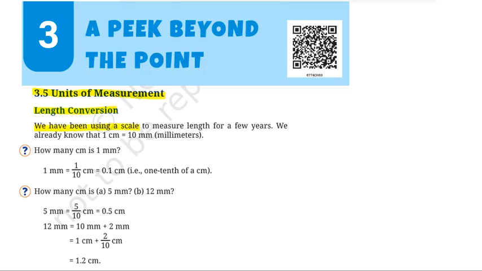We have been using a scale to measure length for a few years. We already know that 1 centimeter is equal to 10 millimeters. How many centimeters is 1 millimeter? If we know that 1 centimeter is equal to 10 millimeters and we need to find how many centimeters are in 1 millimeter, let us divide by 10 on both sides.